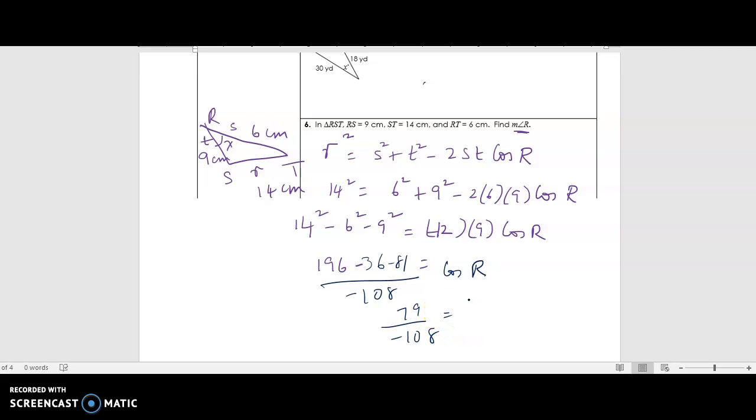Don't worry about the negatives. You will get negatives also. Don't worry. There is a possibility. So your answer would be a negative 0.73 just for the cosine.